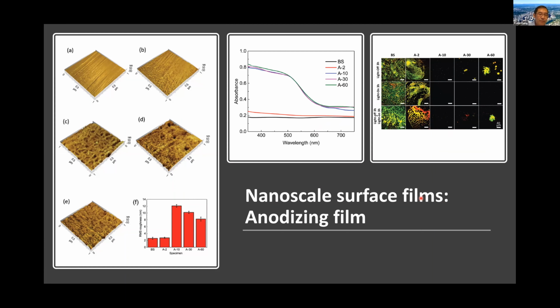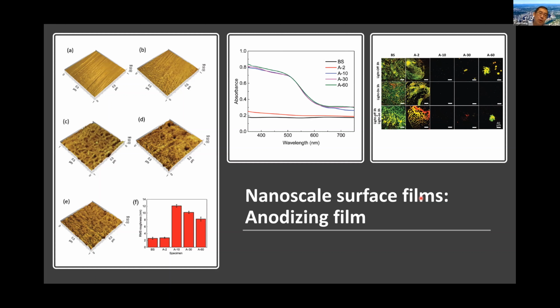So you can see from the left, based on the ECAFM characterization, we can create the anodized film with different surface roughness, and this surface roughness has different photoelectrochemical activity, consequently can reduce the attachment of the bacteria to the surface film, and then improve the anti-biofouling properties of the metals.